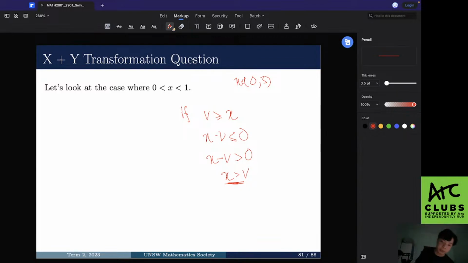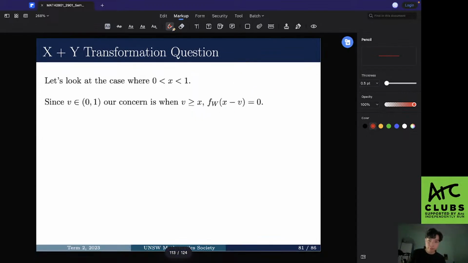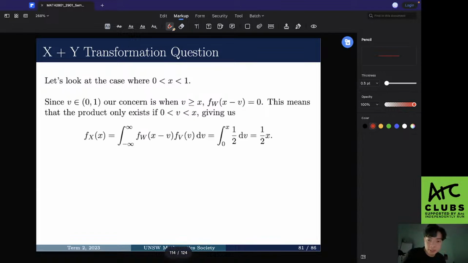So what we realize is, of course, if v is greater than x, then f_w doesn't exist. So if we bound v by 0 and x, then we guarantee that v is less than x, but then we also need v to be greater than 0.